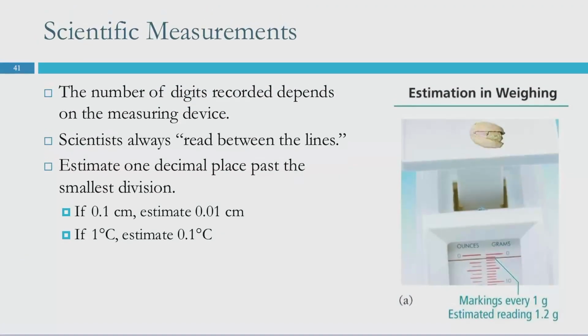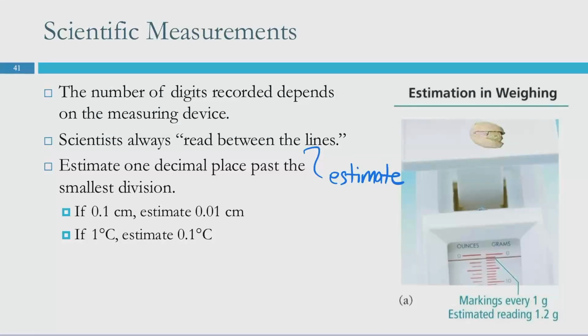So the number of digits that we record depends on the measuring device. As scientists, if we're doing analog, where we have to come up with the numbers, we're always going to read between the lines. I usually just refer to this as the estimate part.